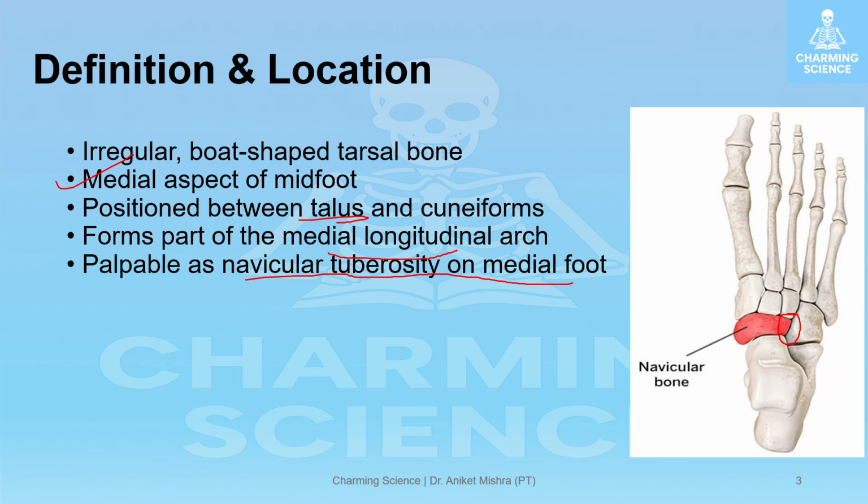This tuberosity also serves as the insertion point for the tibialis posterior tendon, and the position of the navicular is central to the structural integrity of the foot, as it transmits force from the talus to the forefoot and enables efficient walking and running.